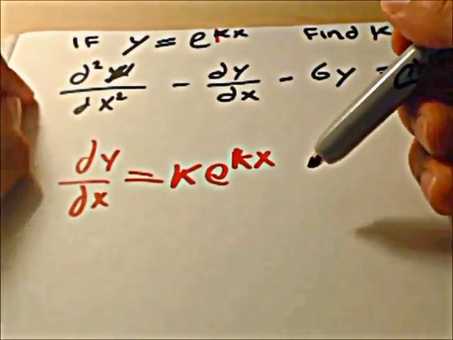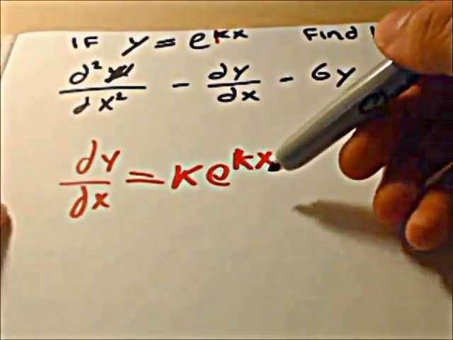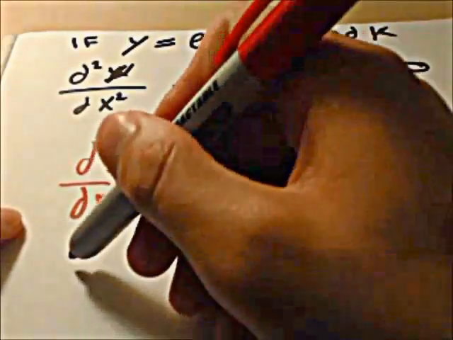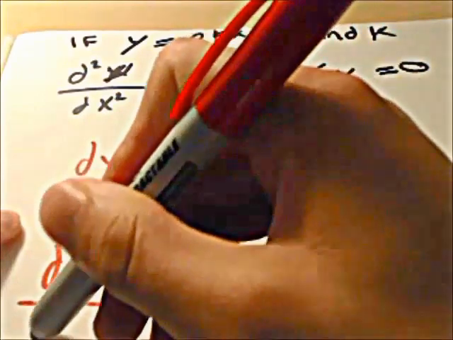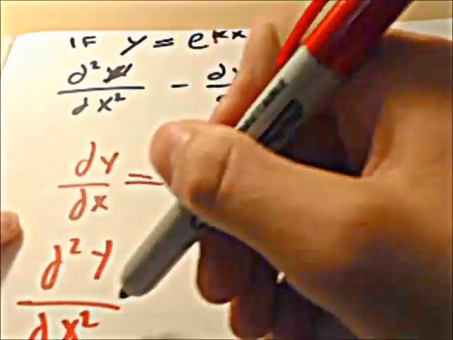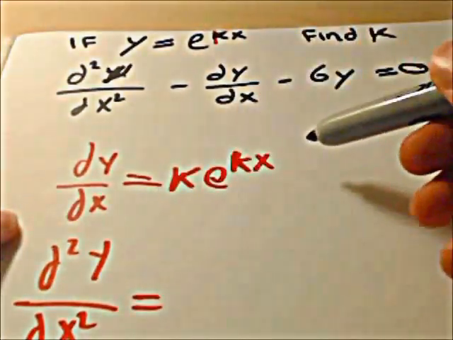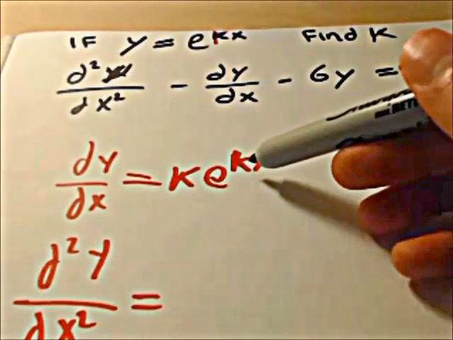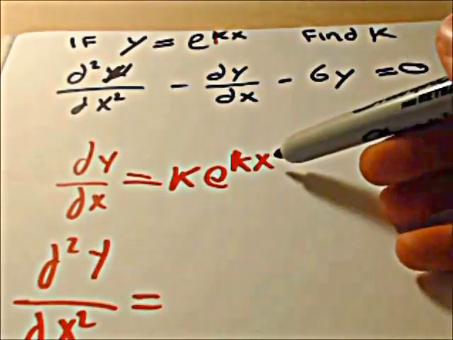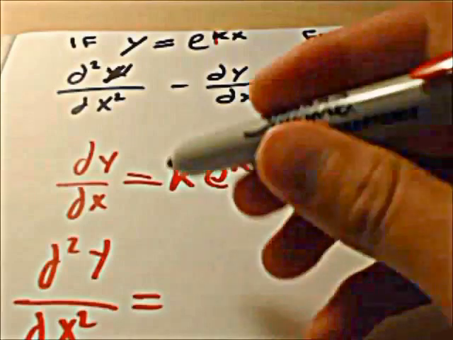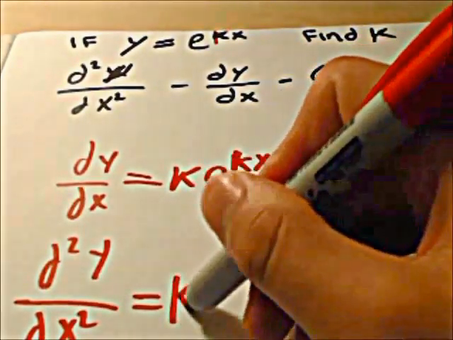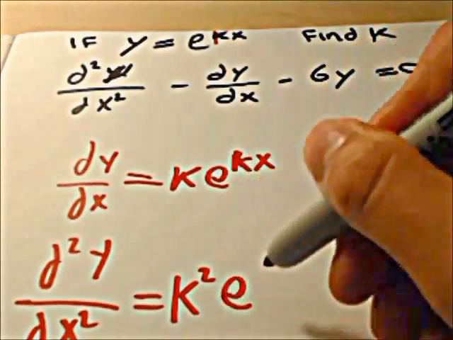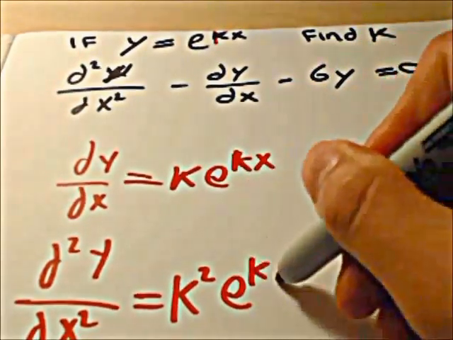We take the constant and the derivative of the power, so d squared y over dx squared equals k times k, which is k squared, e to the kx.